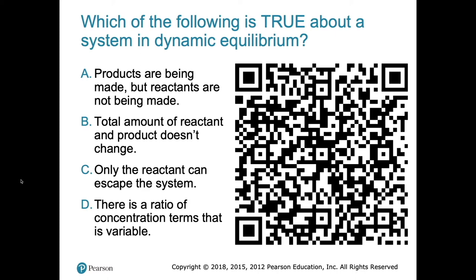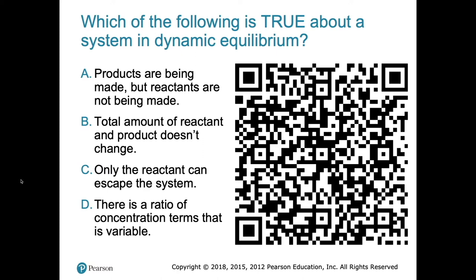Right? Okay, the first one says products are being made, but reactants are not being made. Why is that false? Exactly. Reactants are being made during the reaction equilibrium. Only the reactant can escape the system. Why is that false, rather? Nothing can really escape from the system unless you have the system open, and then both things can escape.